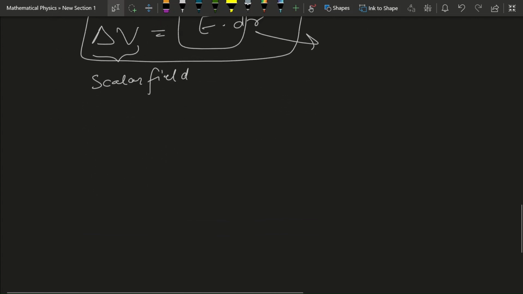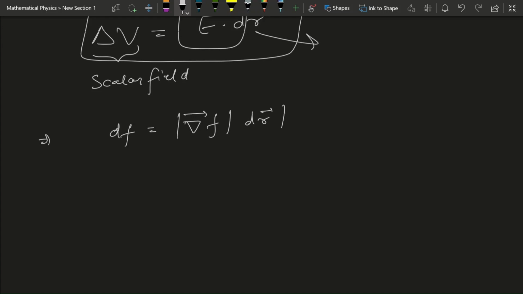So from here we can write the change in the scalar field as this quantity times cos theta.